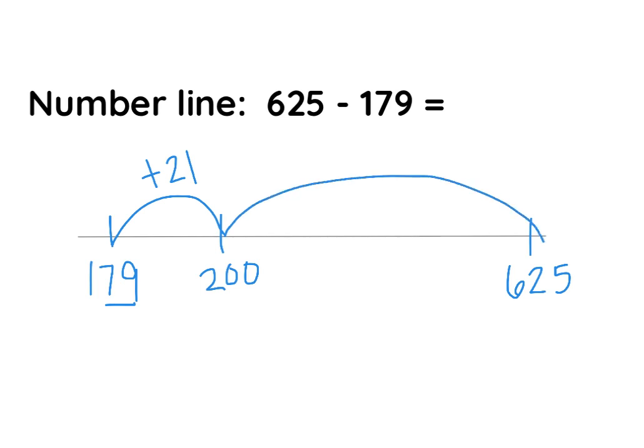And then jump all the way by adding 425. 425 plus 21 is 446. Notice whenever we're subtracting and the big digits are on the bottom, it makes it really easy to add.